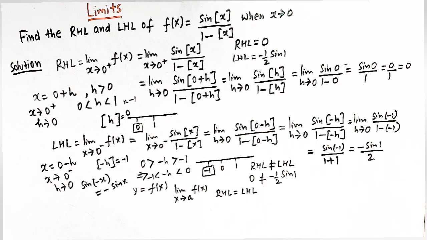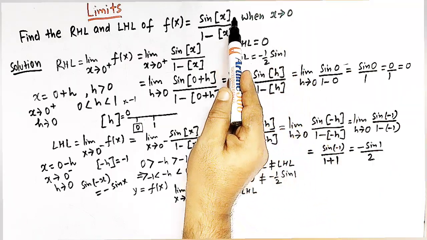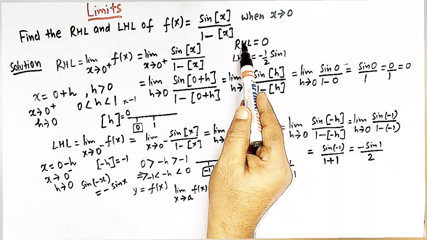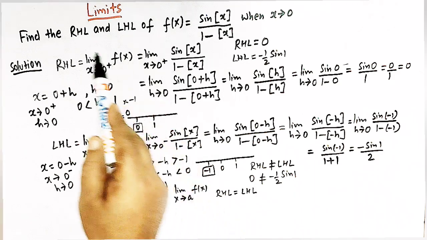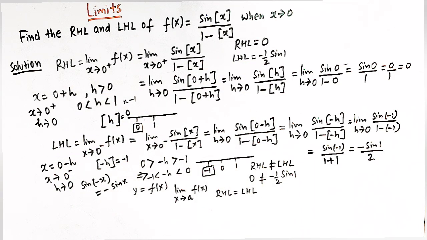In this case, although the right hand limit and the left hand limit both exist and are finite, they are not equal to each other. Hence the limit of this function when x approaches 0 doesn't exist.